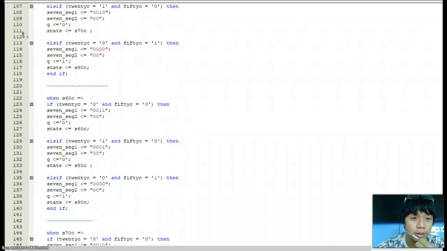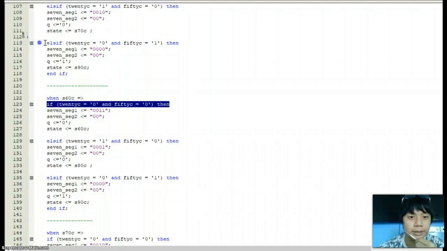Okay, next will be 60 cents. Actually all these states are the same. We will always use a when here, and what this does is it will always reset the counter for 20 cents or 50 cents according to this line.